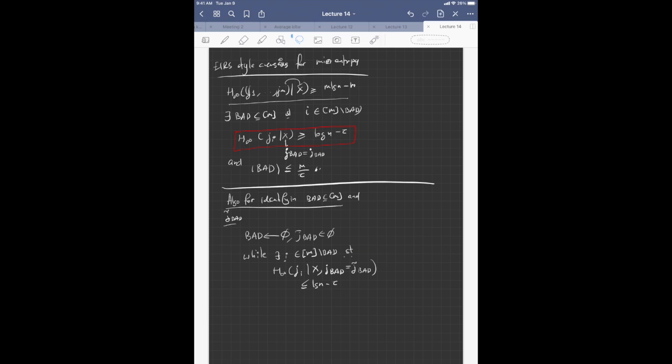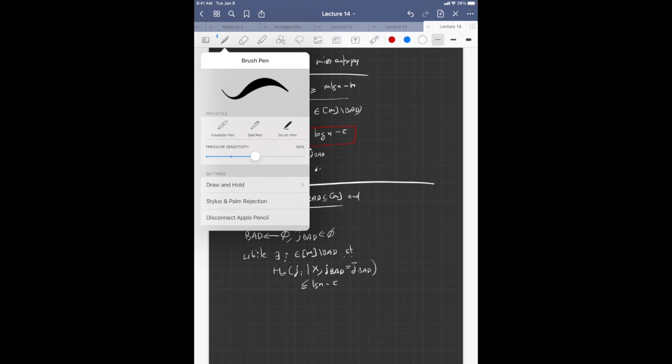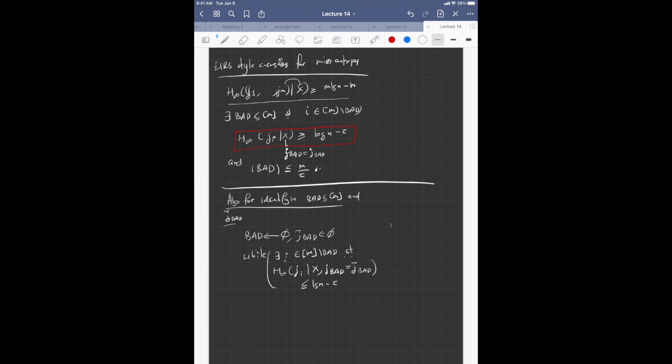So this is the condition for the while loop. If this is the case, then the first thing we do is find out what to set j_i to be. So i is now a new bad row, and we'll add it to the set of bad rows. But before we do that, we need to figure out j tilde of i.